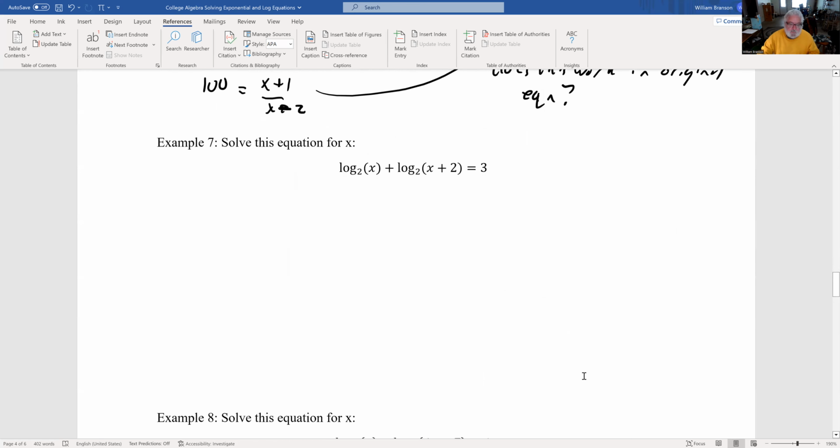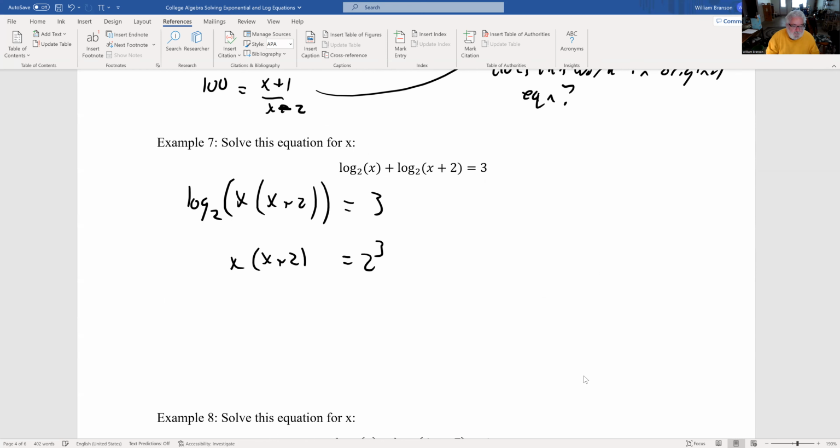Okay, what about this one? Log base 2 of x plus log base 2 of x plus 2 equals 3. So we can combine this using the multiplication rule. And now we can use the fundamental rule. 2 cubed equals whatever's inside my logarithm.